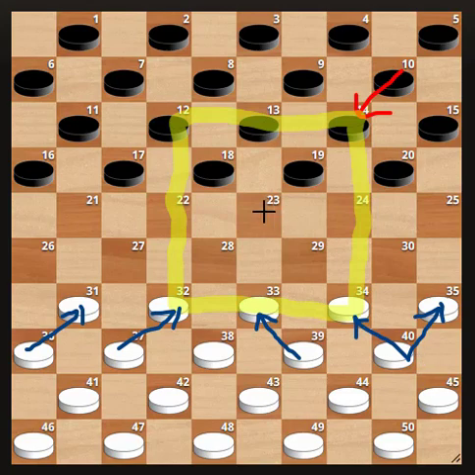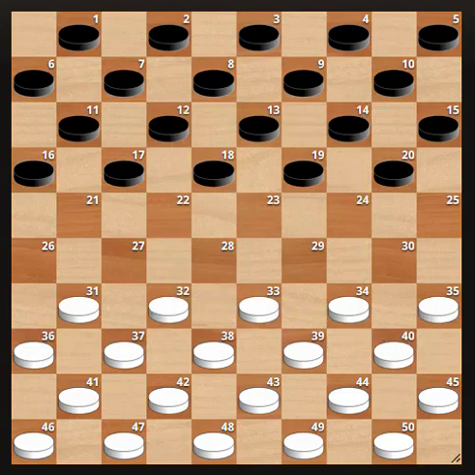Let's look at another move of your opponent. Let's say this time around your opponent moves his piece from 7 to 12. Okay. So again, we draw the square from the current position of your opponent piece at 12.